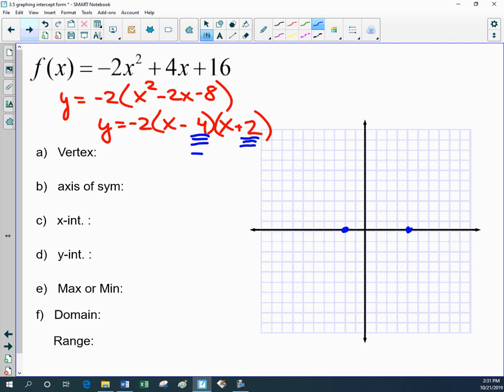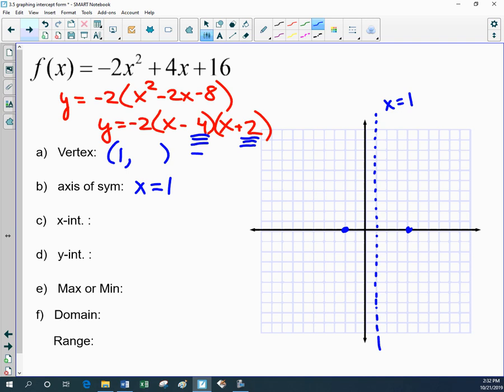So halfway between +4 and -2 would be right here at x equals 1. So the x coordinate of the vertex is 1. The axis of symmetry is 1. Plug 1 in for x and solve for y to find the vertex.